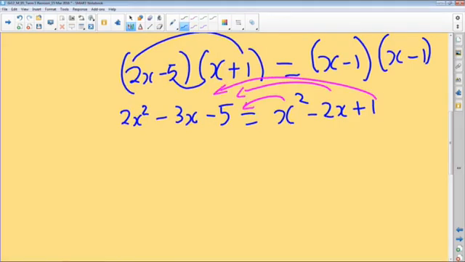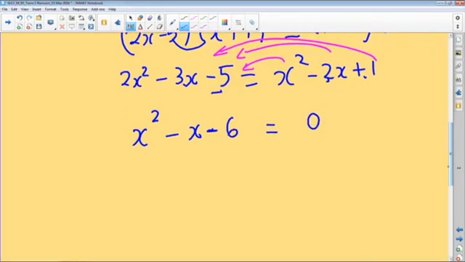2x squared minus x squared is just going to give me x squared. Minus 3x plus 2x is going to give me minus x. And minus 5 minus 1, remember when you take over to the other side of the equation, your signs change. So I get x squared minus x minus 6 is equal to 0. You can then factorize that.